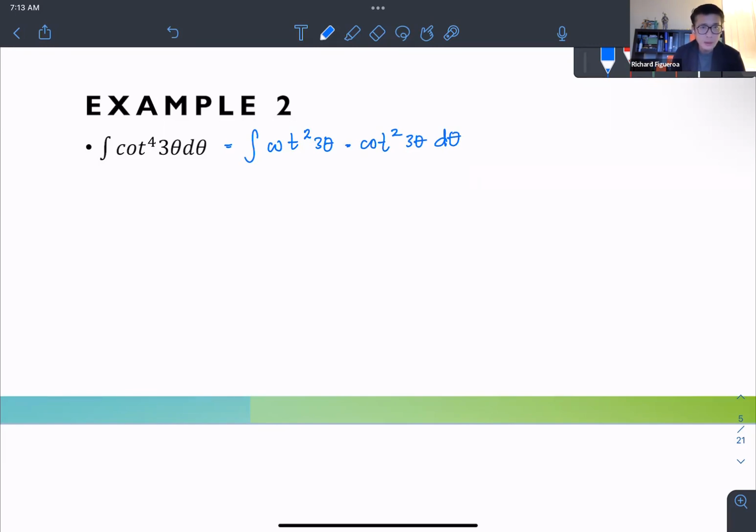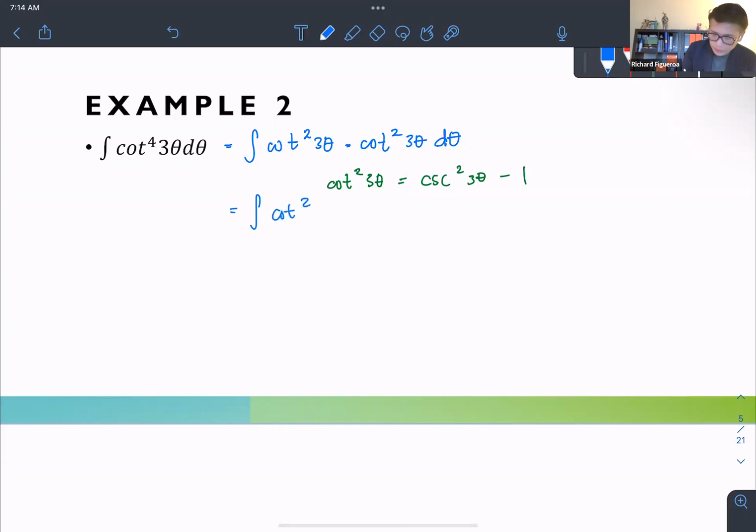So it's a product of cotangent squared 3 theta. And then we replace the cotangent squared 3 theta with cosecant squared 3 theta minus 1. That's the identity that we will be using: cotangent squared 3 theta equals cosecant squared 3 theta minus 1. And then we substitute.